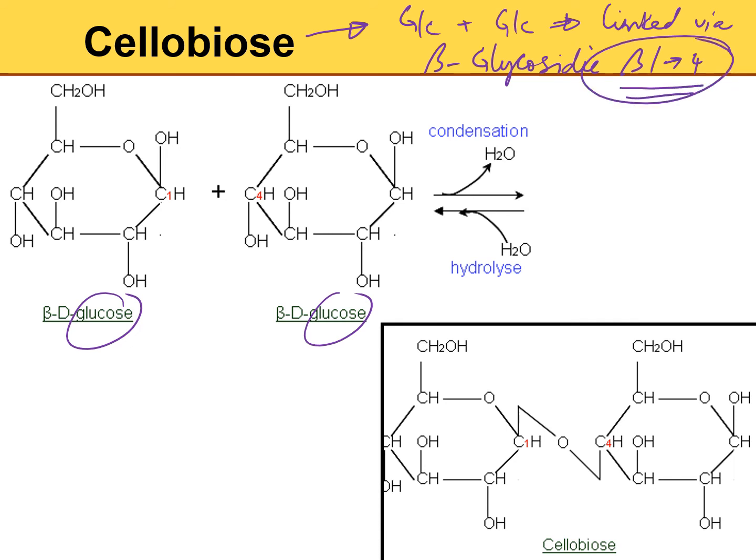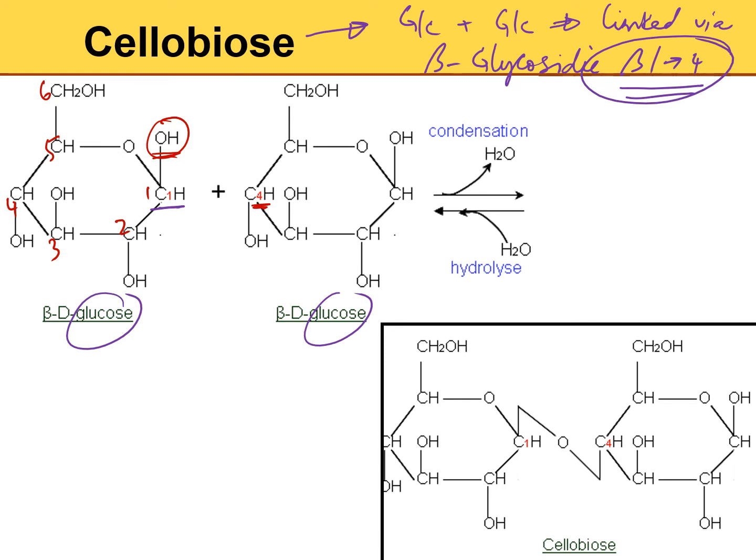If you have alpha, you get maltose. If you have beta 1,4, what does that mean? It means at carbon number 1, you have to have a beta, so OH meaning up. So you have 6, 5, 4, 3, 2, 1. At carbon number 1, you have OH up, and it's going to react with carbon number 4 of another glucose.